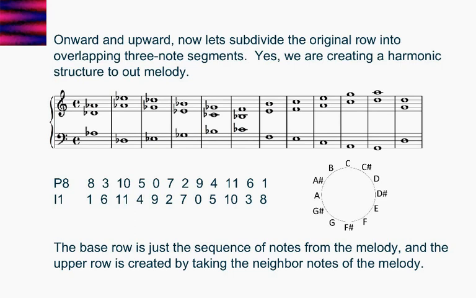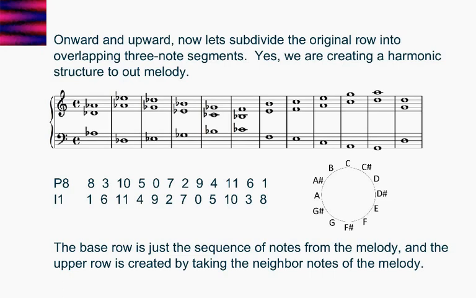Let's now subdivide the original row that we had created from the dyad, the 24 notes, into overlapping 3-note segments. So now we're creating some harmony in our atonal piece of music. And so that's pretty cool.